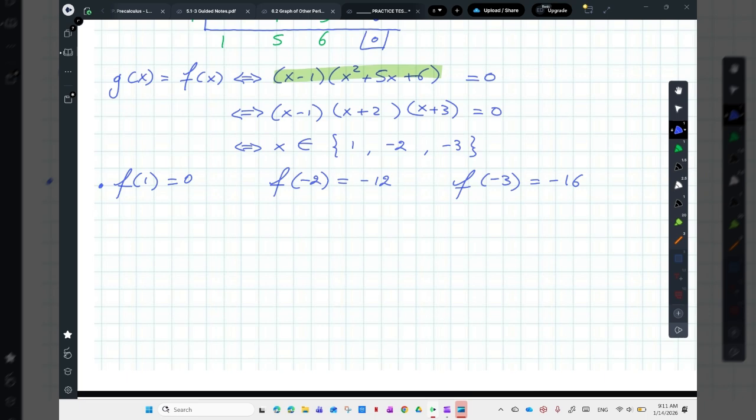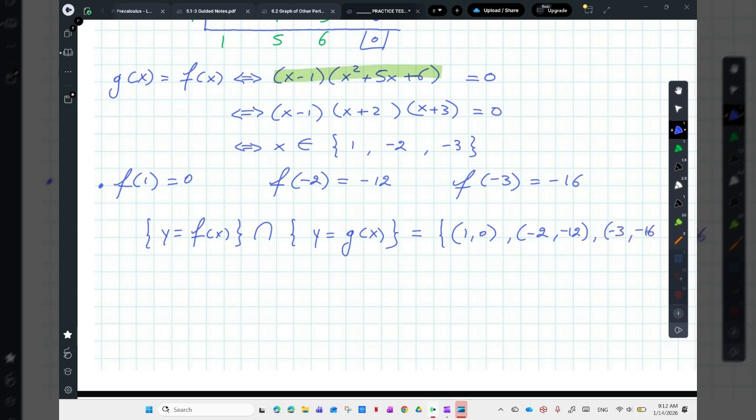So a fancy way to express this solution to conclude would be to say that the intersect between this graph and that graph will be equal to the following set of points: (1, 0), (negative 2, negative 12), and finally (negative 3, negative 16).